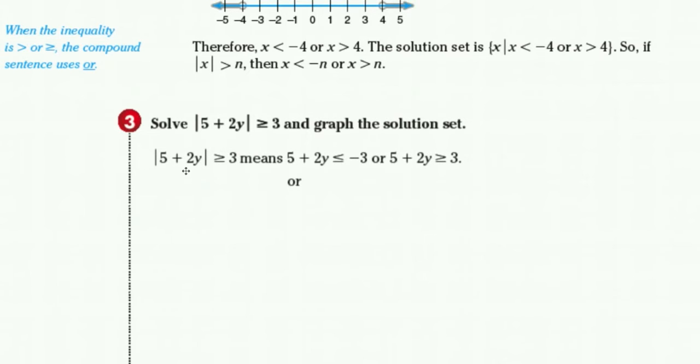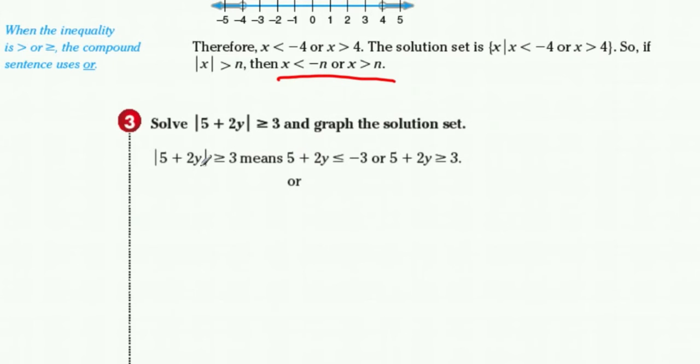The absolute value of 5 plus 2y greater than or equal to 3 means that 5 plus 2y is less than or equal to negative 3, or 5 plus 2y is greater than or equal to 3. Again, using this particular sentence.